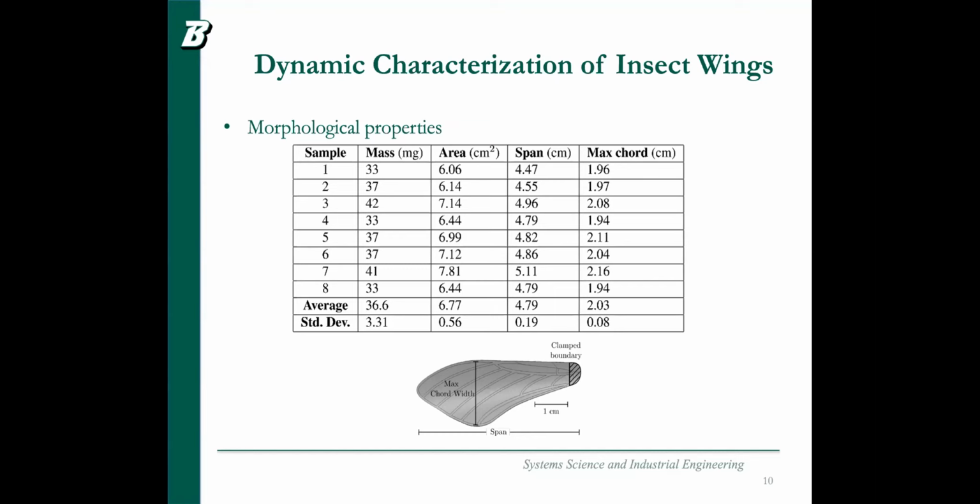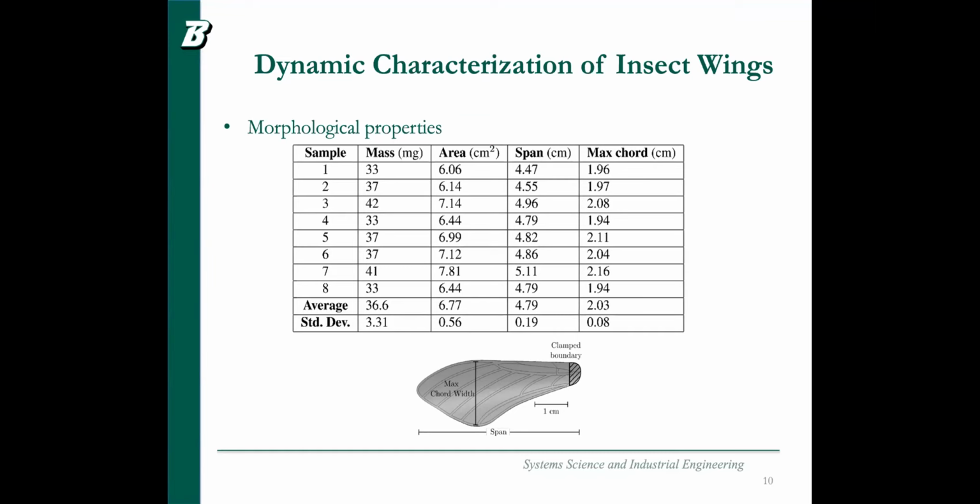For all those 8 wings, the average mass is about 36.6 milligrams, with a standard deviation of about 3 milligrams. So you can see this kind of wing is very light.